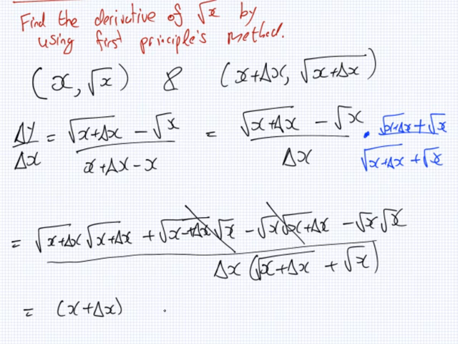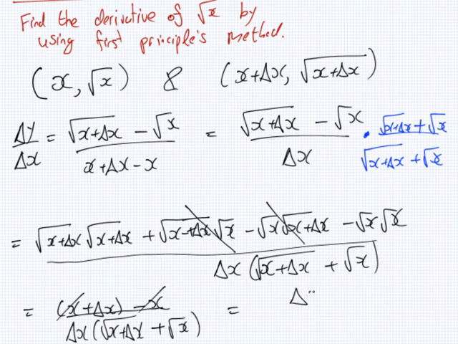These two cancel, so you have x plus delta x minus x over delta x times root x plus delta x plus root x. On the top, these cancel now, so you're left with delta x over delta x times root x plus delta x plus root x.